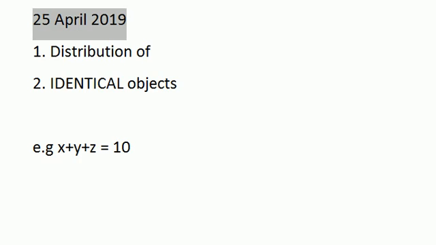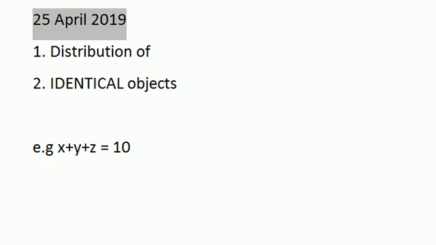the number of chocolates is a whole number, isn't it? It can't be in decimal. So the number of solutions of this equation is not infinite. It is some finite value, because x, y and z can take only whole numbers.